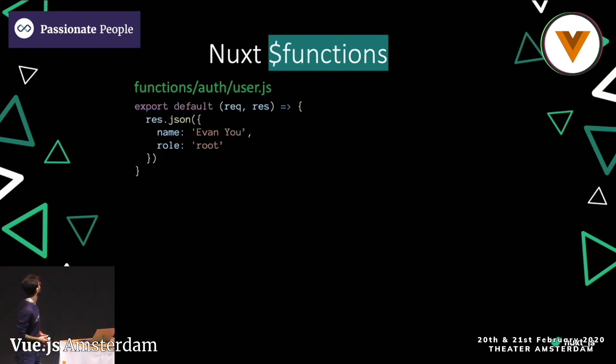This is a quick example of how it works. If you want to create a function for giving the user object, you can create functions. It's like authentication, and /user is like a convention. You can use pretty much an API similar to Express. You can respond with JSON.